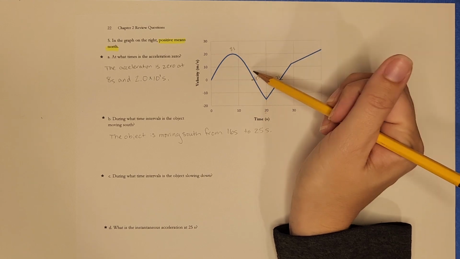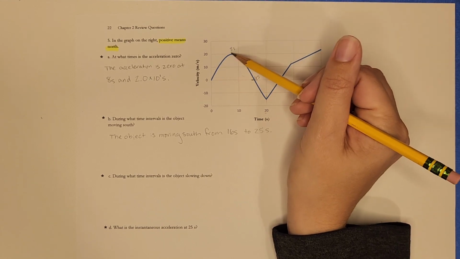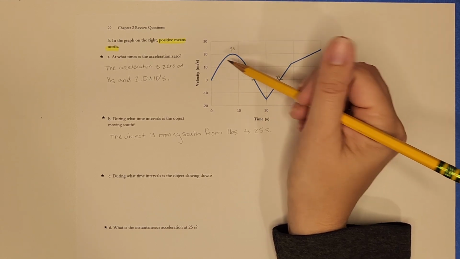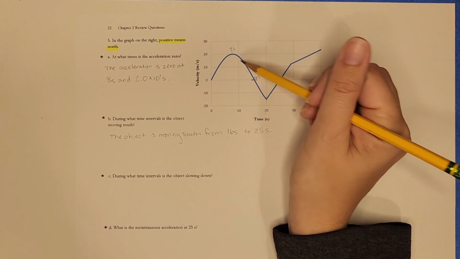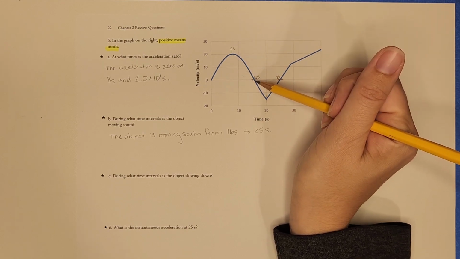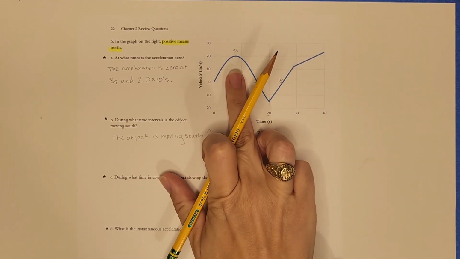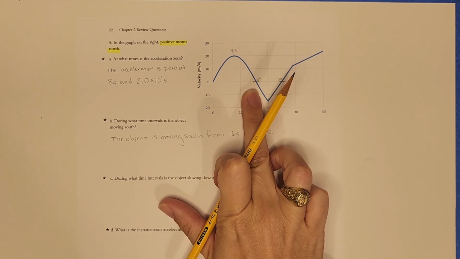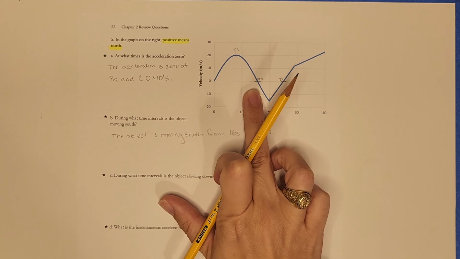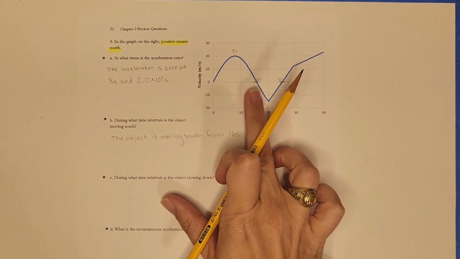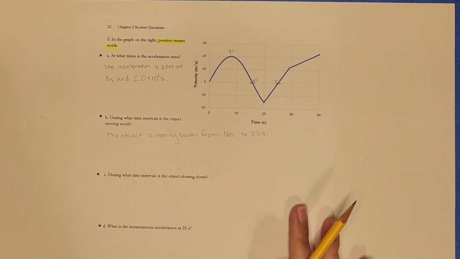We have positive velocity, positive slope here. Here we have positive velocity and negative slope. So from 8 seconds to 16 seconds, that is when this object is slowing down. It is still going in that northerly direction, but it is slowing down.